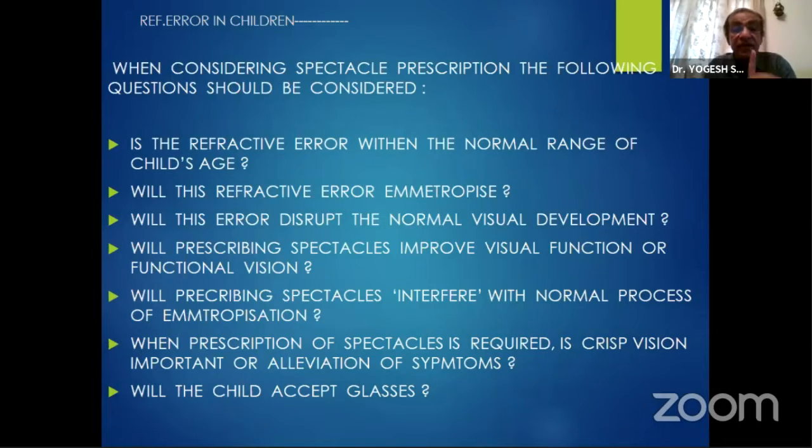Will prescribing spectacles improve the visual function or functional vision? This is a big aspect again. There's half a chapter on it. Visual function is what we see, and functional vision is the vision we have left.